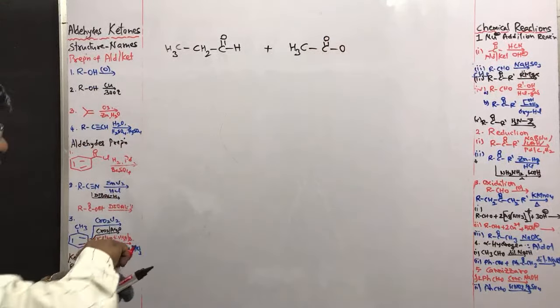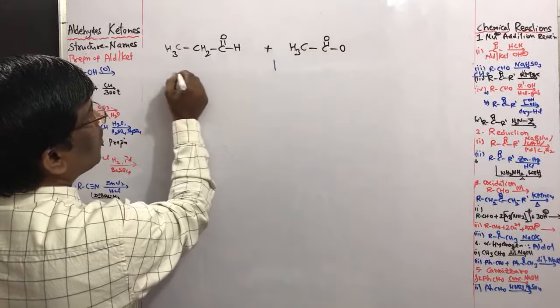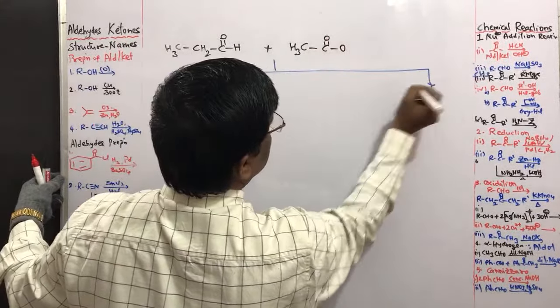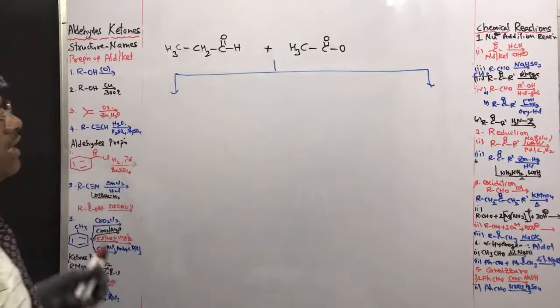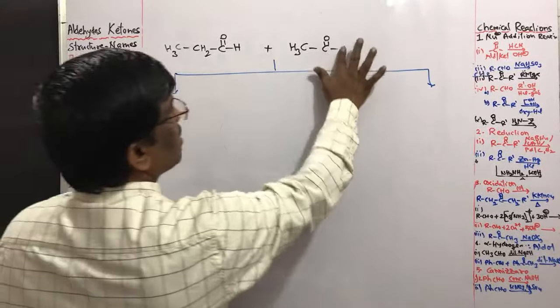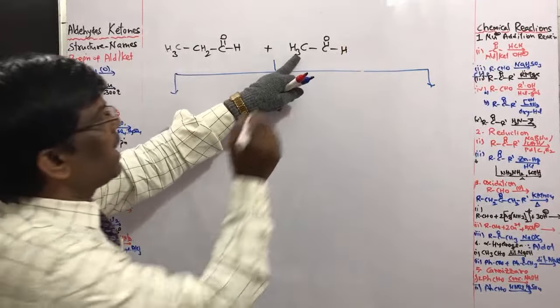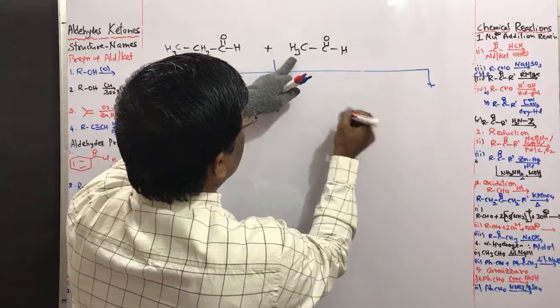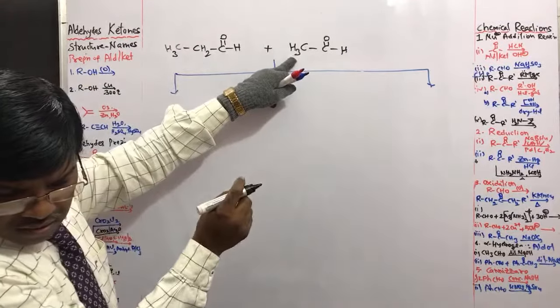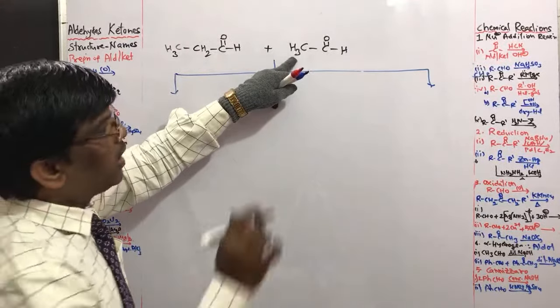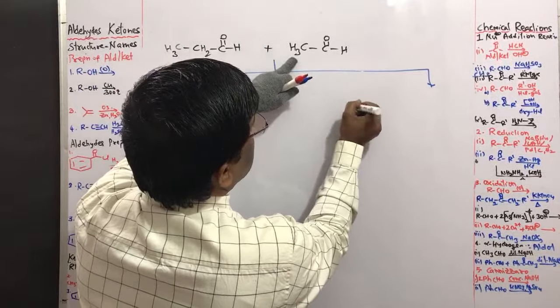In this case, I am going to get four different compounds. What are they? Just now we came across the acetaldehyde products. Let me write the acetaldehyde products straight away, the double bond products.